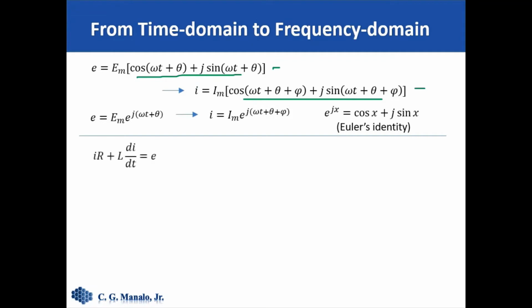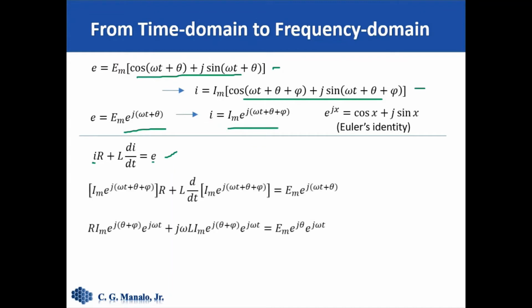Now let's go to our circuit and write the KVL equation for that series RL circuit, which is this one. And let's substitute the values for I and E here from here and here. So that would give us this one.